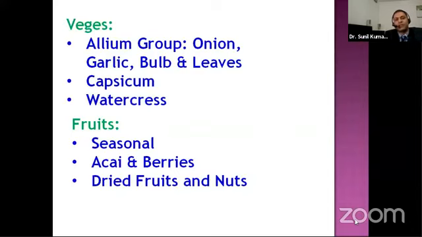So about veggies, we know about veggies, and Dr. Janak will be talking about veggies, but right now I'll tell you, the Allium group, we should not forget, these are antivirals. I'm focusing you on antiviral veggies. Onion, garlic, all the bulbs and leaves, okay, are excellent antivirals. Capsicum, all the capsicum group are excellent antivirals.